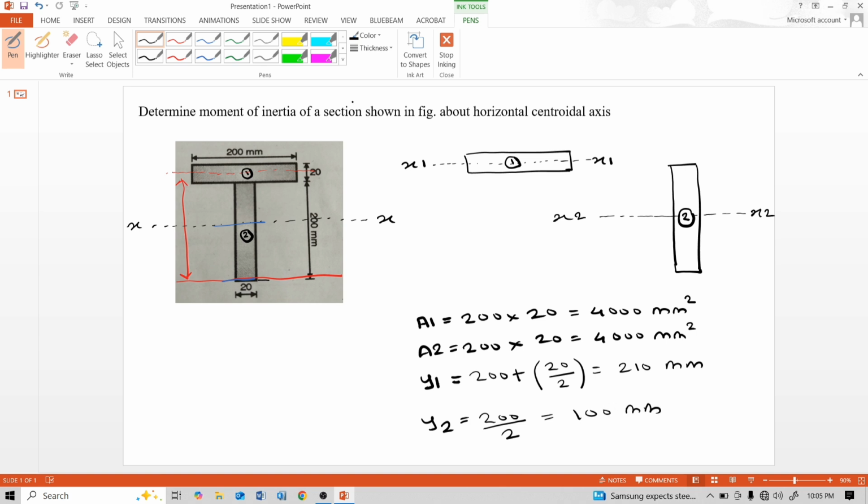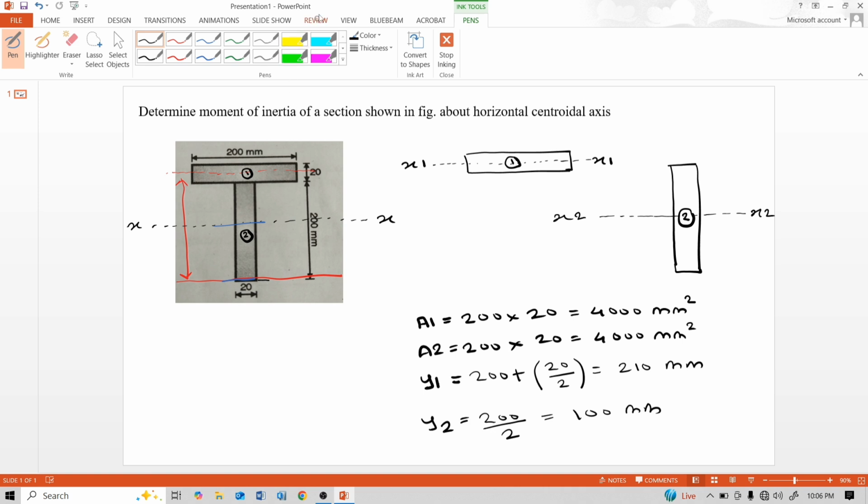Now find the exact centroid for this section. A1 is the area of the first rectangle, A2 is the area of the second rectangle, Y1 is the centroid distance from the bottom for the first rectangle, and Y2 is the centroid distance from the bottom for the second rectangle. Now for this T section, what is the centroidal distance from the bottom?